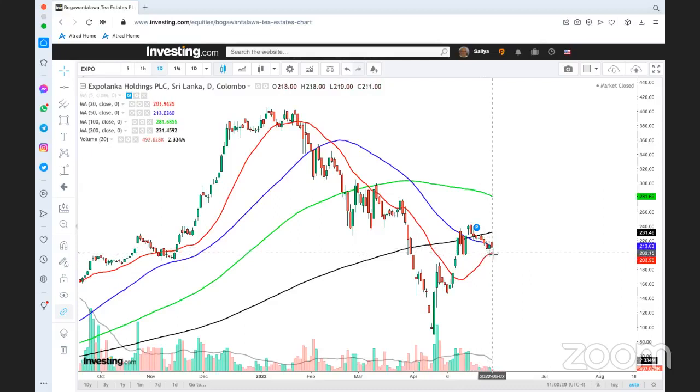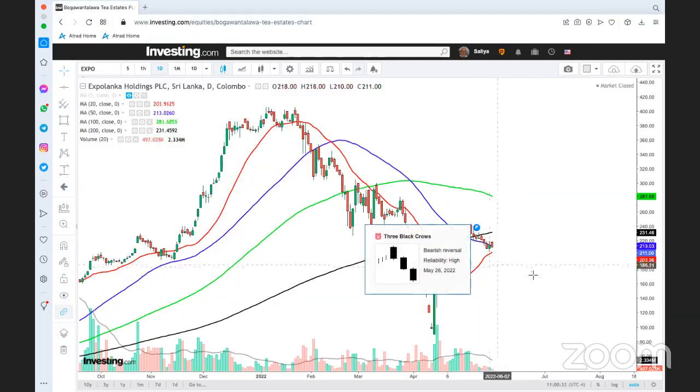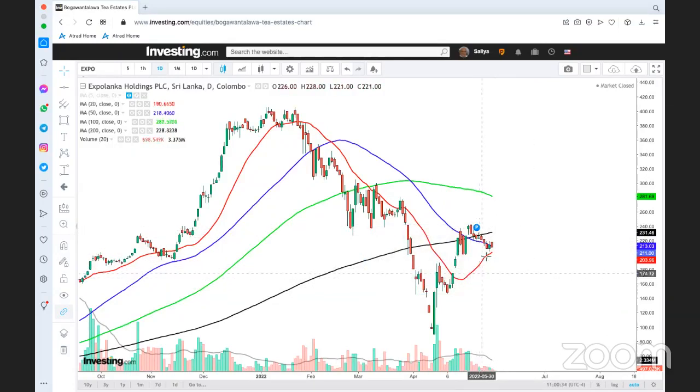Testing means the 20 days finding support, and the 50 days also finding support. This black one is the 200-day moving average. That has also been tested. And now the prices are trading with the 20-day moving average as support. The immediate resistance is at 50 days, and then you have resistance at the 200-day.